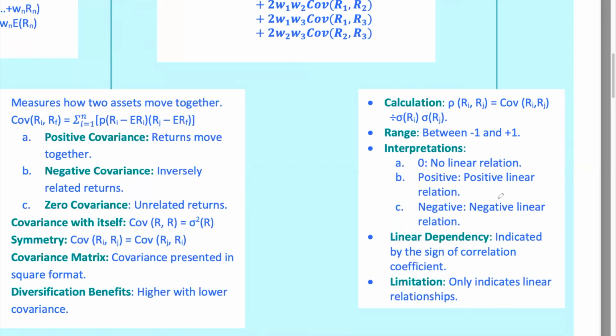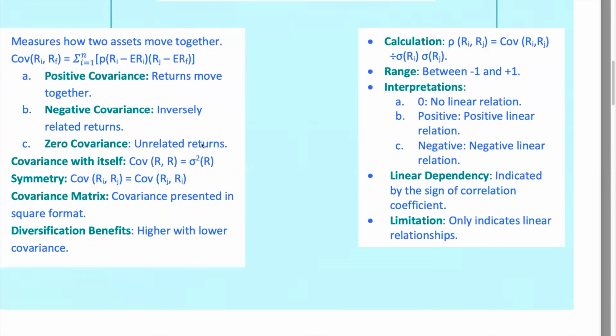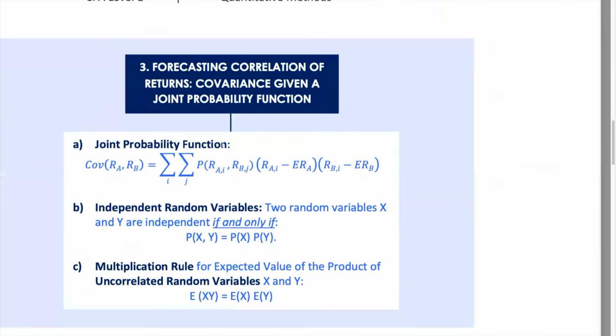That is, investments move in lockstep. -1 means perfect negative linear relationship, that is, investments move in opposite directions. Understanding correlation helps us visualize the direction and strength of the connection between investments. Correlation helps in understanding the degree of diversification benefits. The closer the correlation is to -1, the better the diversification benefits.